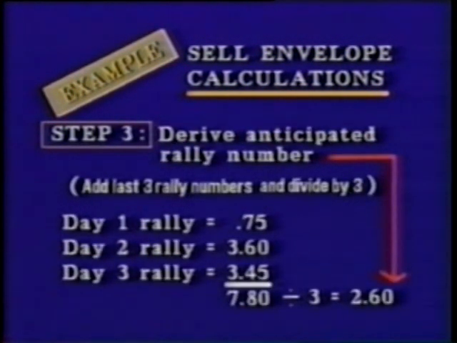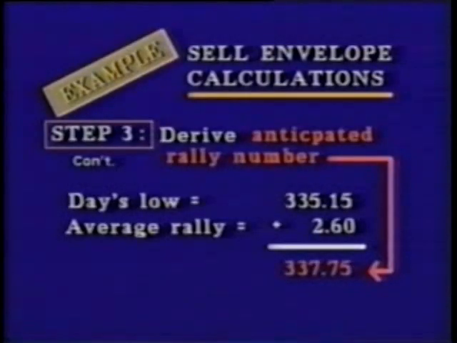Step 3, we derive the anticipated rally number. In other words, how far do we think the market will rally tomorrow? We do this based on the last 3 rallies. The day 1 rally, which was 3 days ago, was only 0.75. The day 2 rally was 3.60, and this latest rally was 3.45. We add these up, we get 7.80, and we divide by 3, and we get 2.60.